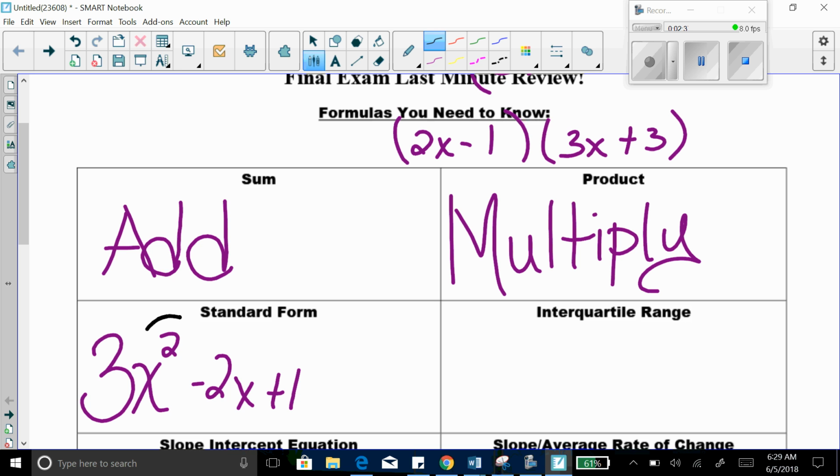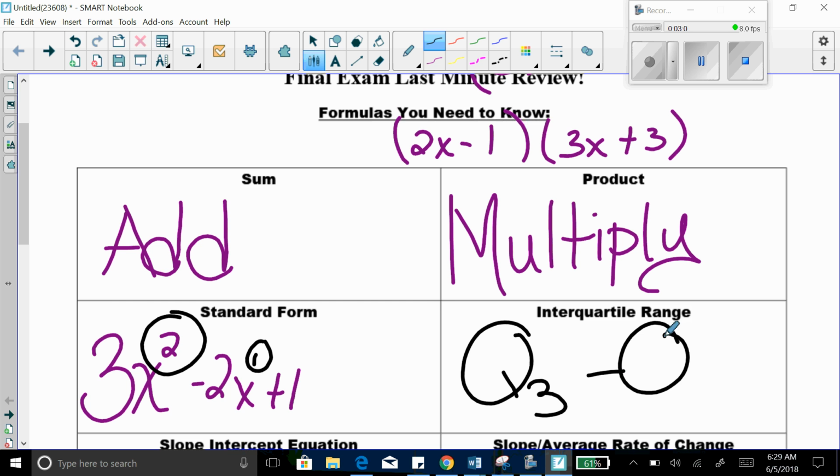Your exponents start from your biggest number down to your smallest number. Interquartile range: we've talked about it quite a bit, but it simply means you take your quartiles, Q3 minus Q1.